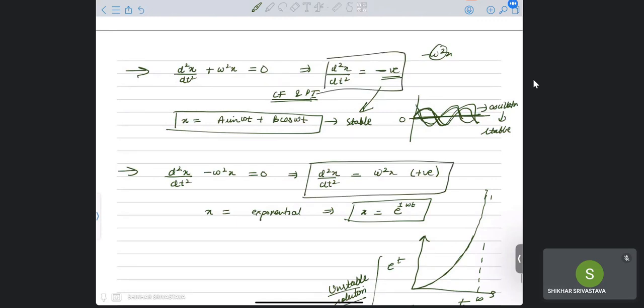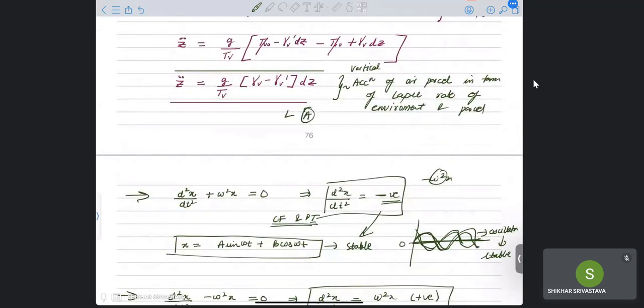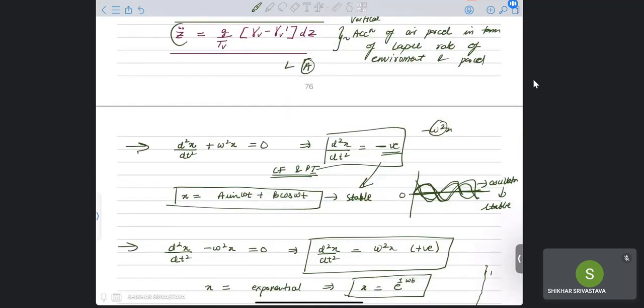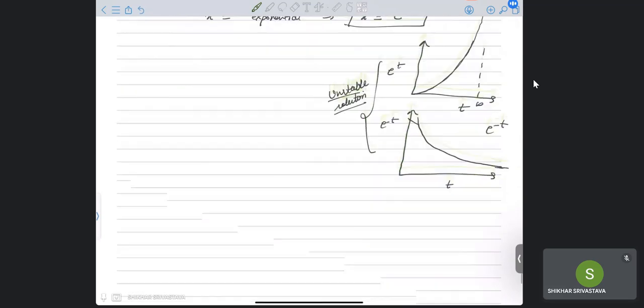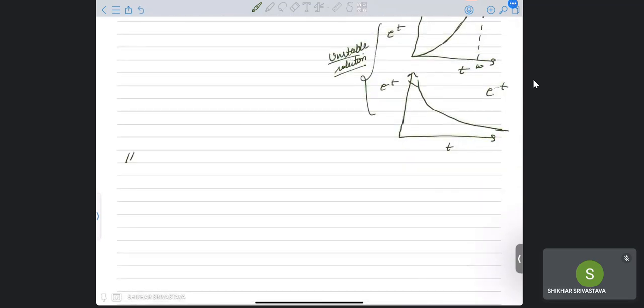Now we'll apply these two things in this equation, because this is also a double derivative of z with respect to t, similar to this. So now we'll have two cases.